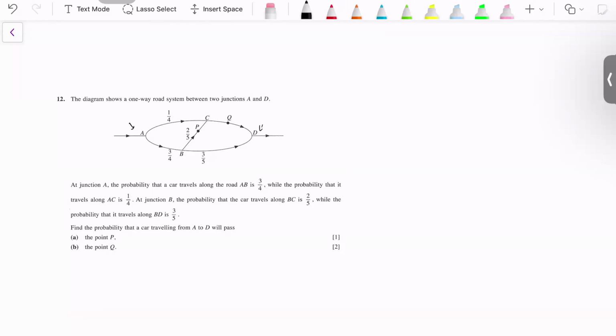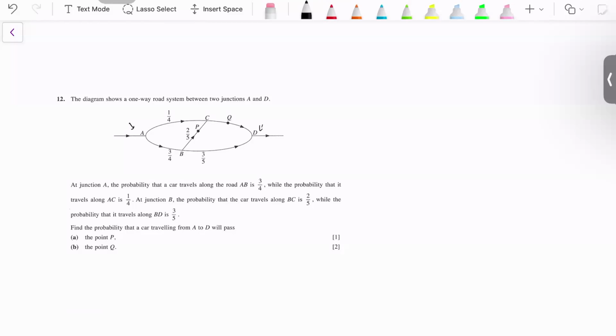At junction B, the probability that cars travel along BC is 2/5, while the probability that it travels along DB is 3/5. Find the probability that a car traveling from point A to D will pass through P.